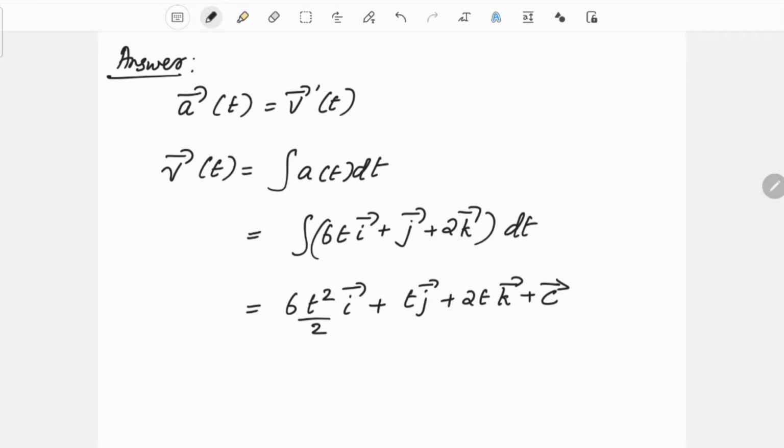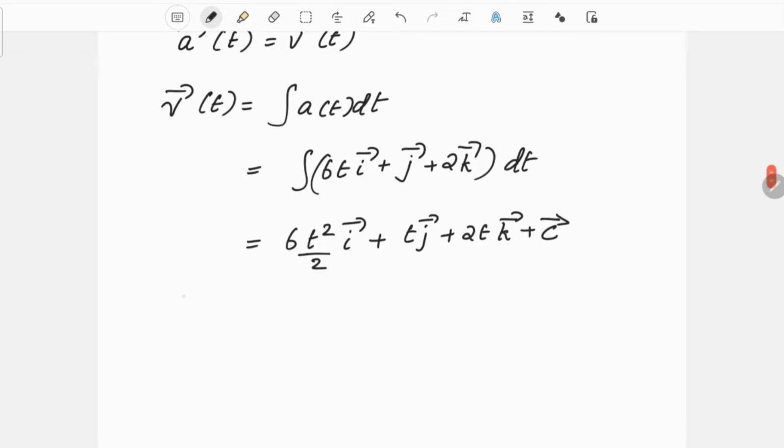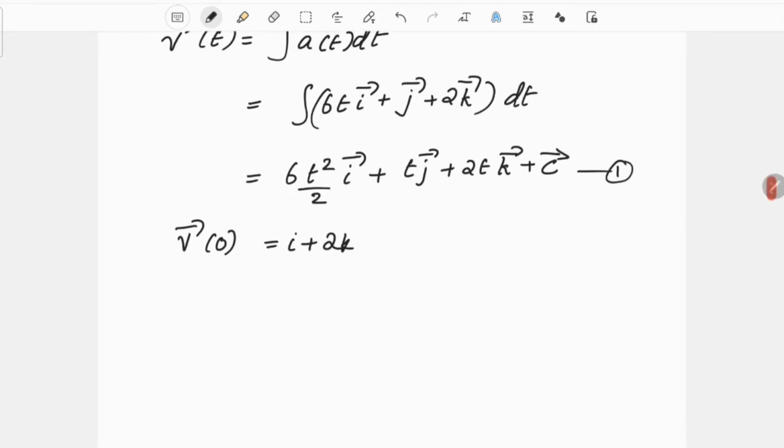Now we need to find this vector c, and for that we use the condition v(0) = i + 2k. From here we have v(0) = c, and that is equal to i + 2k.